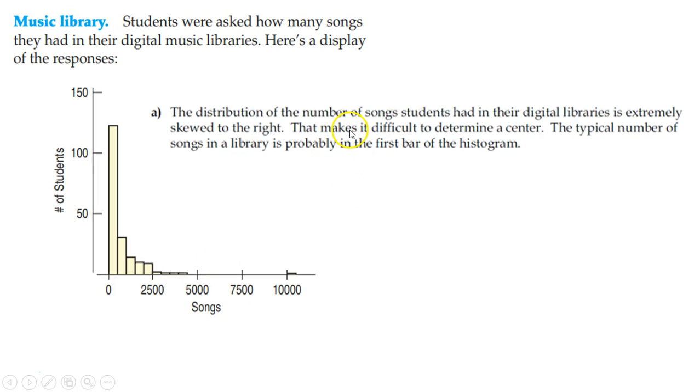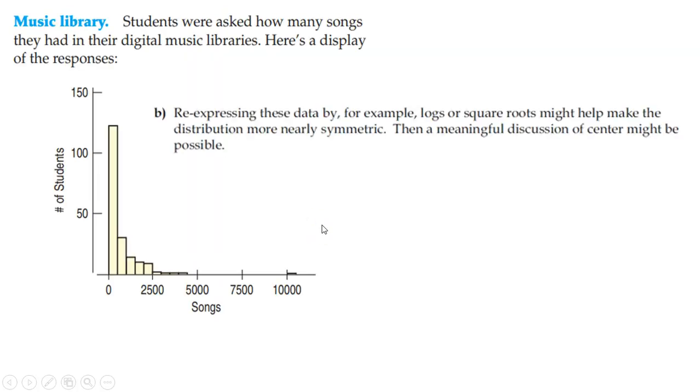The distribution of the number of songs students had in their digital library is extremely skewed to the right. That makes it difficult to determine the center, because I don't know what that exact number is going to be, since a majority of them are happening, especially in this first bar. The typical number of songs in a library is probably in that first bar, but I don't know what that's going to be, because it's almost all in that first bar.